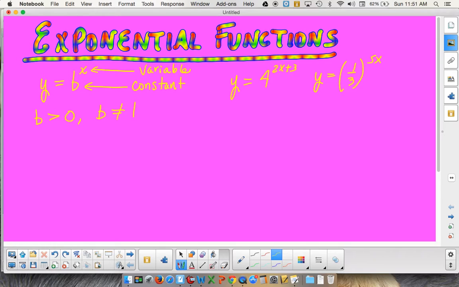Now, when you think about this, if that base is always a positive number, even if I make the base some hideous decimal and I take it to the x power, what's going to happen with y every time I do that? If I take a positive number to a power, a positive number squared, a positive number cubed, a positive number to the 5th power, even if I take a positive number to a negative power.